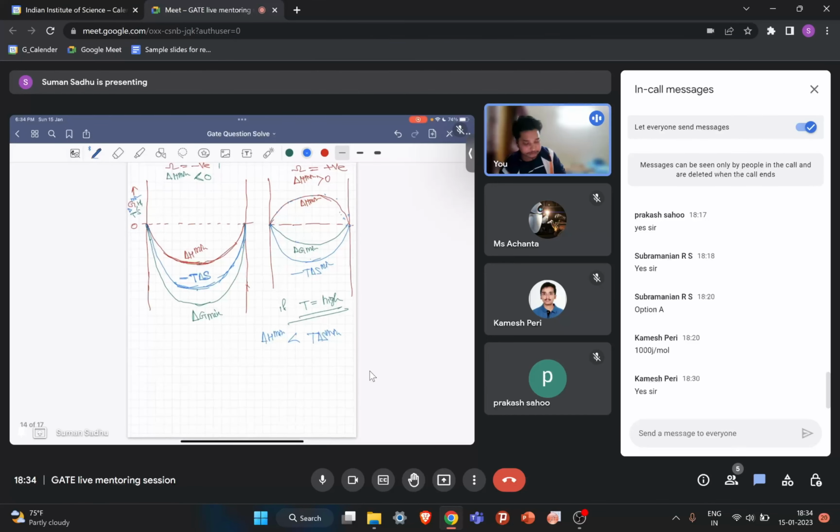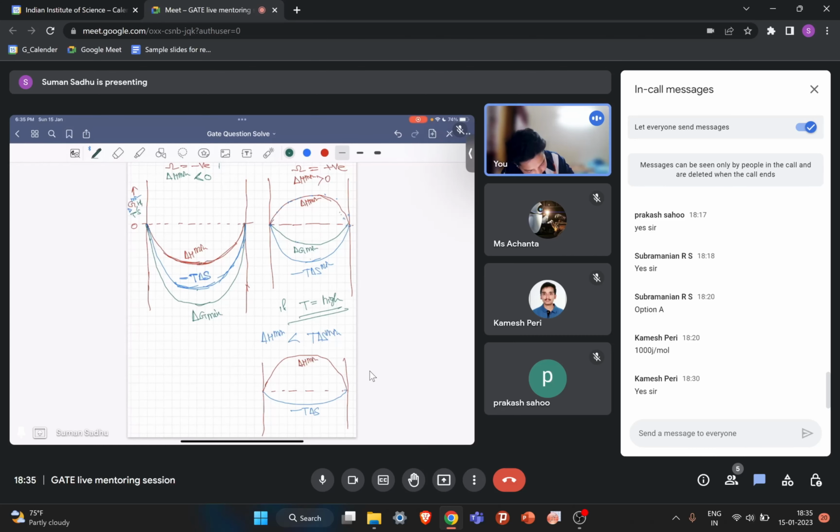But if your T is low, what will happen that time? If your temperature is low, then this is your delta H term, and then if temperature is low, then this will be your minus T delta S term. Now, what will be the summation of these two? How will it look?